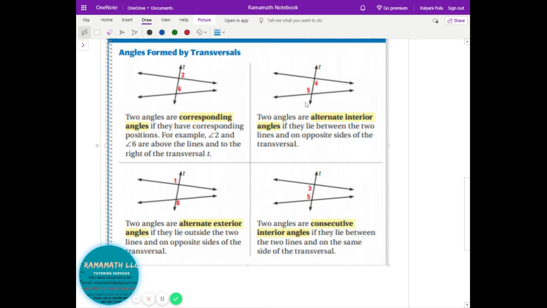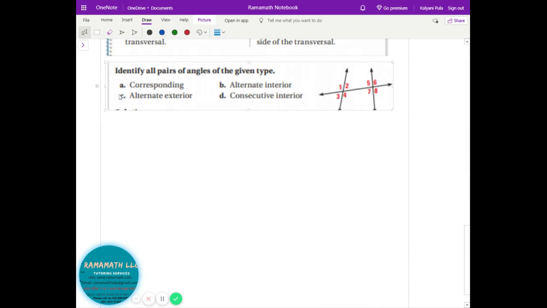Okay, so those are the important vocabulary that you need to know: corresponding angles, alternate interior angles, alternate exterior angles, consecutive interior angles. Identify all the corresponding angles, alternate interior, alternate exterior, and the consecutive interior.